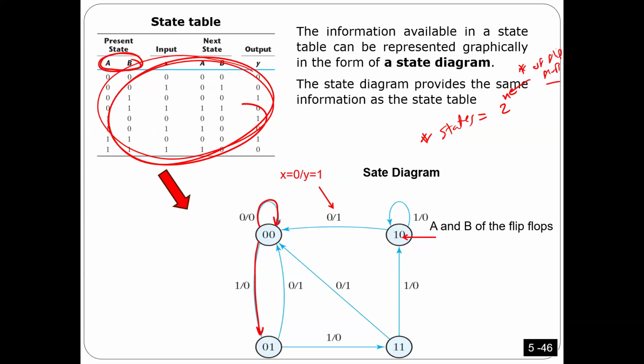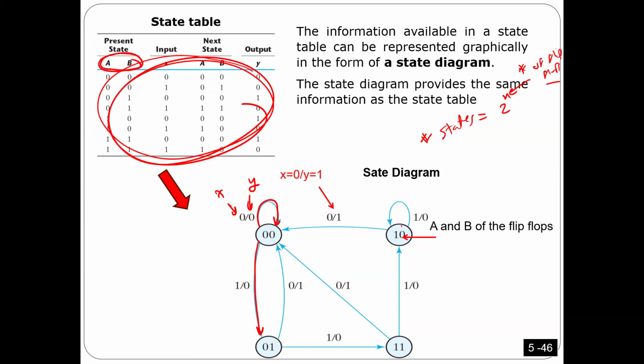One of them is when x is equal to 0, the other is when x is equal to 1, because x decides which state I will go to. As you see here, on the arrows you can see 2 numbers. One is the input x, and one is y. I will give you more details, but this is how it is.